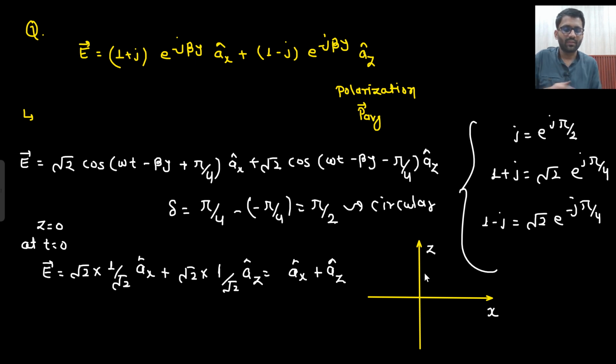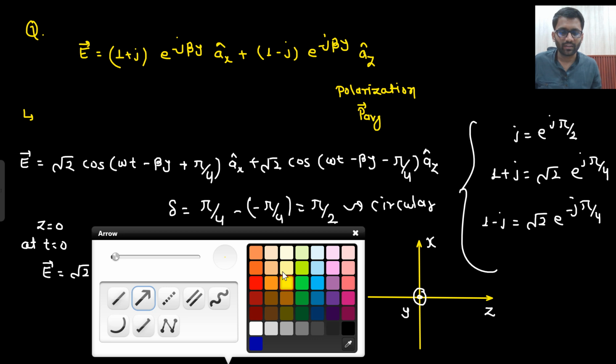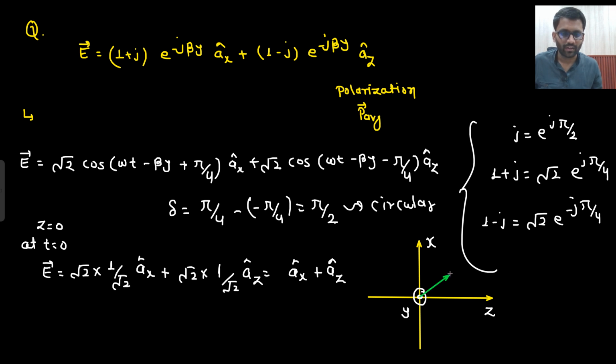X cross z, x y z, z cross x should give you y, so y would be inside. So I don't want to make y inside, so I am gonna put z here and x here, because z cross x should give me y. So this will be my y now. And at t equals to 0, where you are getting the equivalent? Right in the middle.